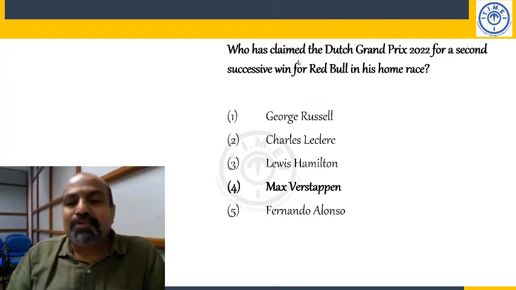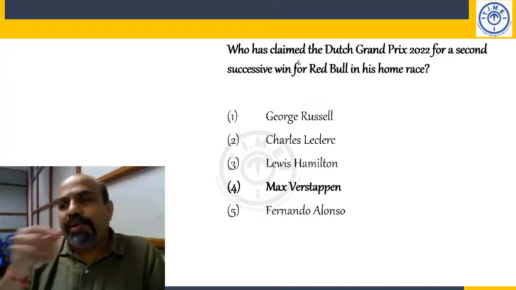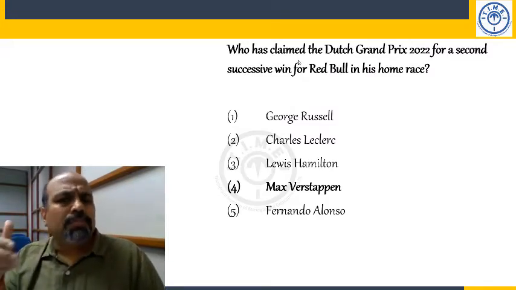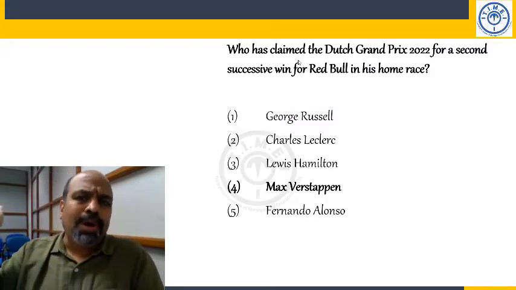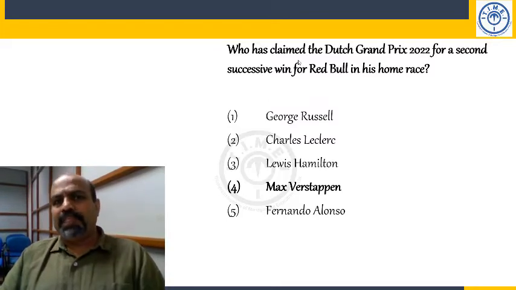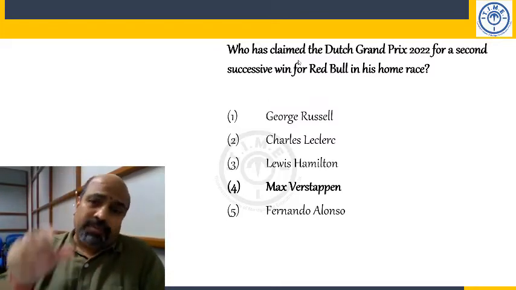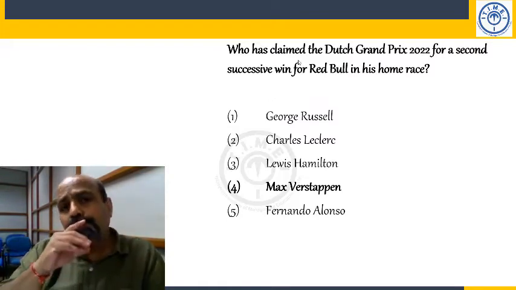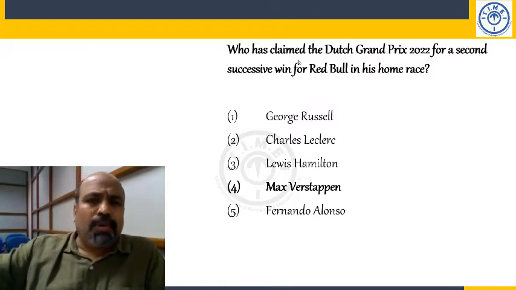Okay. See, when you read about Charles Leclerc, you would find that he belongs to Monaco. And Monaco is the most densely populated country in the world. Why would we say that? Monaco is a tiny country in the south of France, pretty close to the border with Italy.